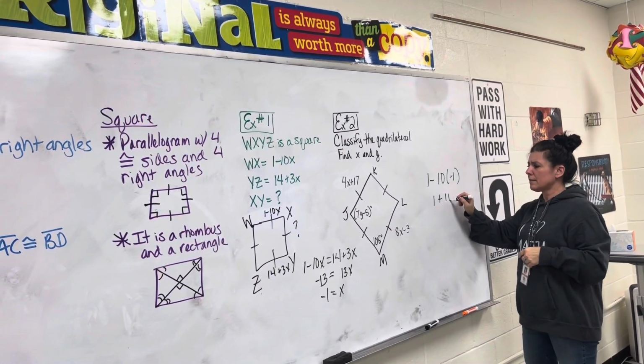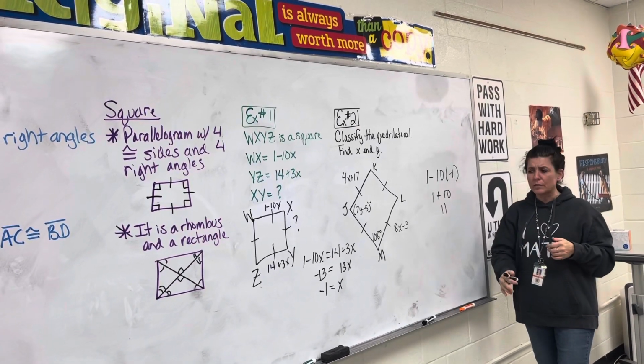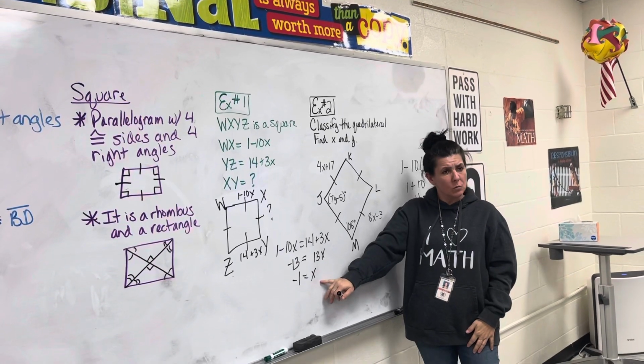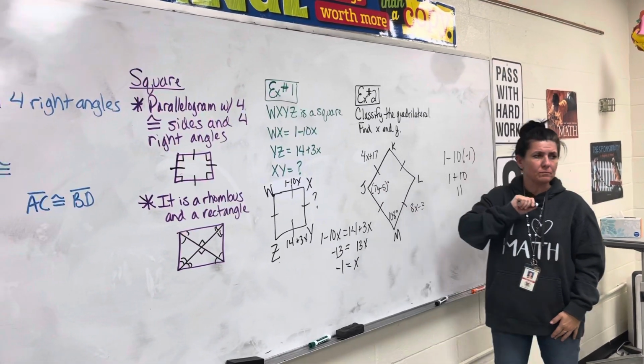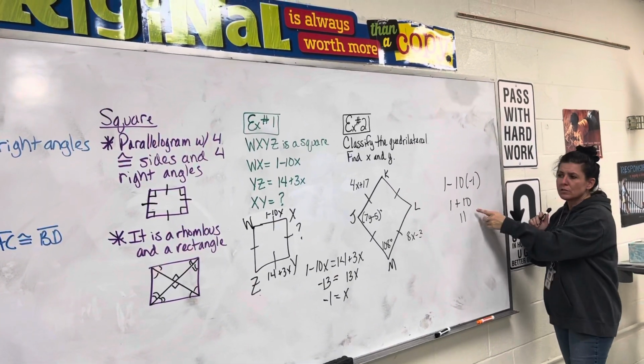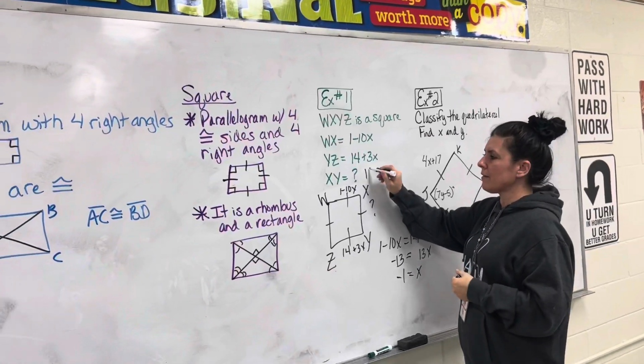So 1 plus 10, the length is 11. So you always want to double check, and this is a good example that not all negatives are thrown out. This actually does work because of the setup of the expression. So I want you to see that not only does that negative work, but also that that length is 11. So to answer the question, XY is 11.